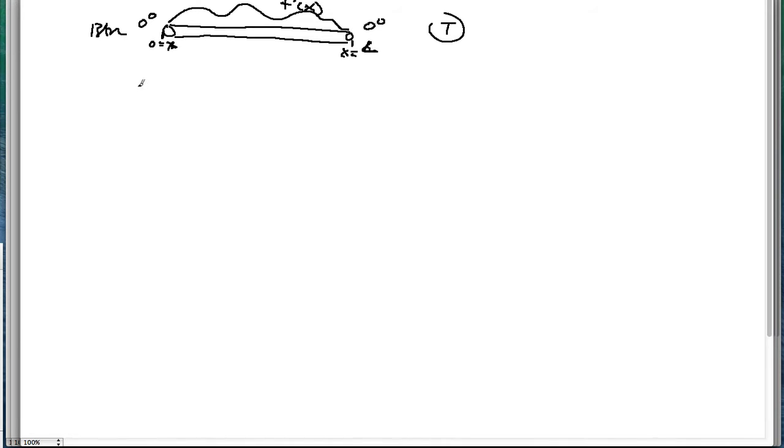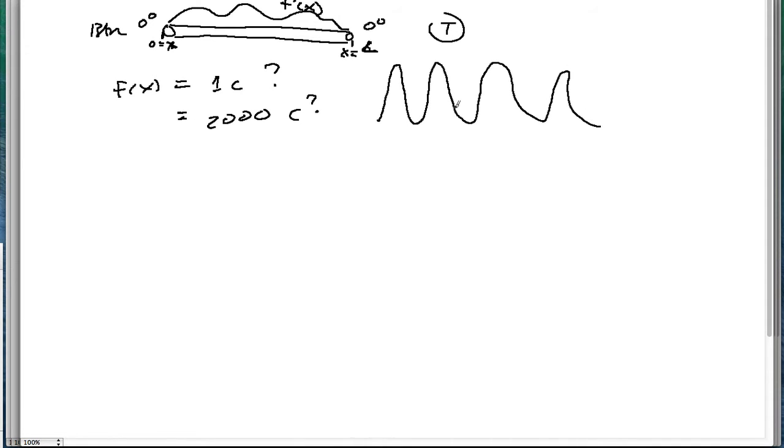All right, what else do we need to know? Does it make a difference if the initial temperature is somewhere around 1 degree Celsius? Or how about 2000 degrees Celsius? What if we have a function that goes up and down between 1 degree and 2000? Is this okay? Well, clearly something's going to be totally wrong here.